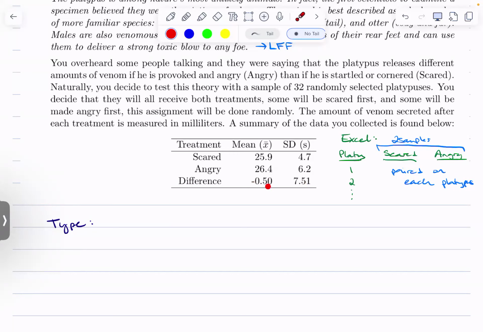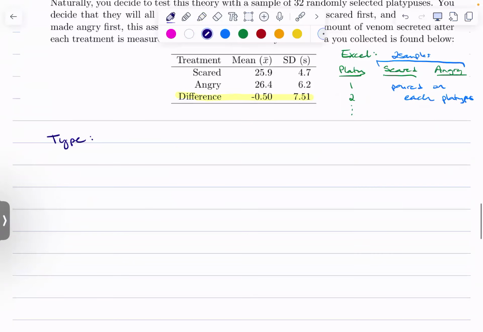Yes, you can get to the mean of the differences, but notice that there's no reasonable way to get to the standard deviation of the differences just because there's a square root and squares involved, okay? So what you need to latch on to is you have the mean of the differences, and you have the standard deviation of the differences. Making this paired data.